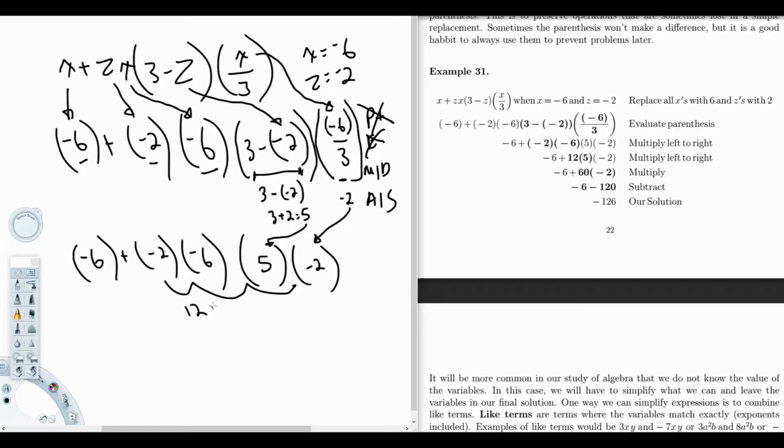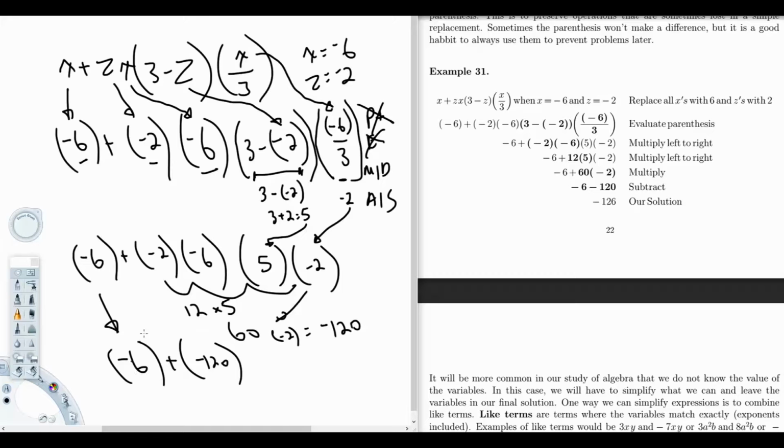Two negatives make a positive. Multiplied by 5, that equals 60. Multiplied by negative 2, that equals negative 120, because I'm multiplying a positive by a negative. So carrying this down, I have minus 6 plus minus 120. Since we're adding two negatives, it makes an even bigger negative.